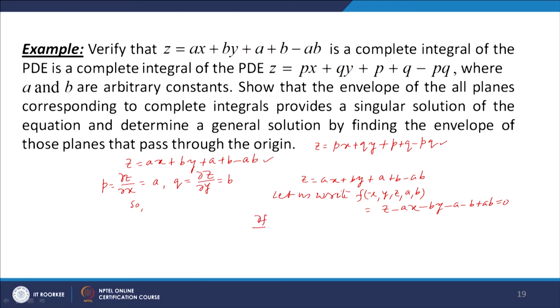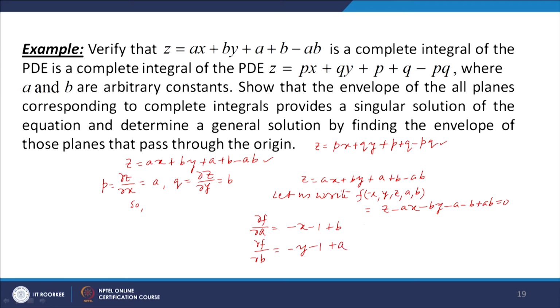So, let us find the partial derivative of f with respect to a, what we get is minus x minus 1 plus b. Okay. And similarly, partial derivative of f with respect to b, if you find, what you get is minus y minus 1 plus a. Okay.